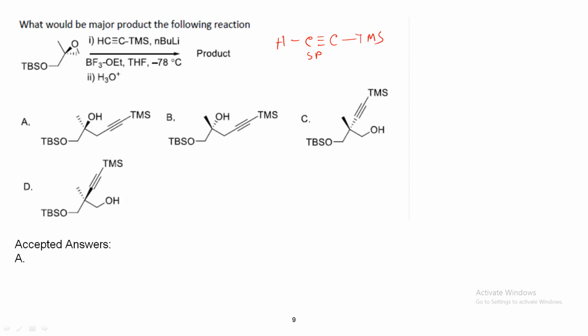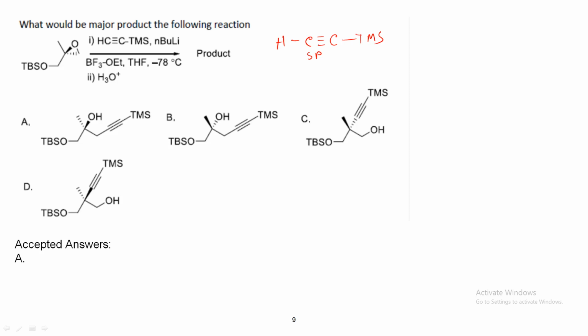The lithiated species can abstract this proton, because normal bases like sodium hydroxide or potassium hydroxide are not capable of doing that. Only this type of lithiated species, butyl lithium, tertiary butyl lithium, can do that, or at most NH2 minus kind of species, but nothing weaker than that.